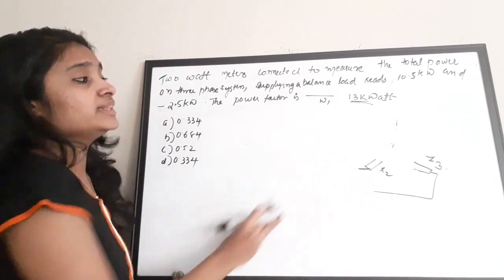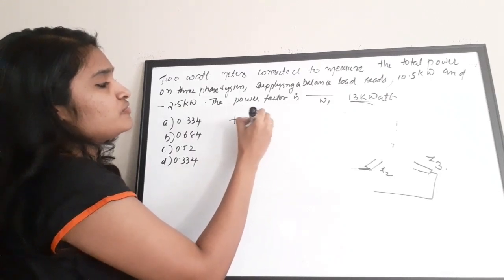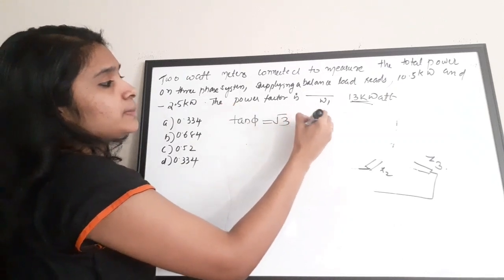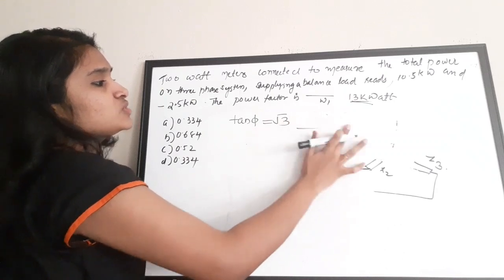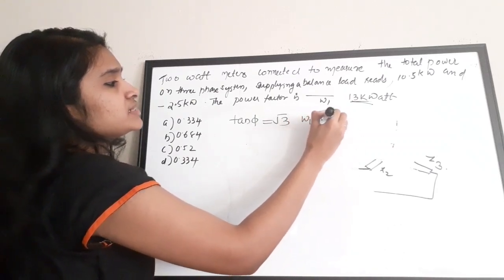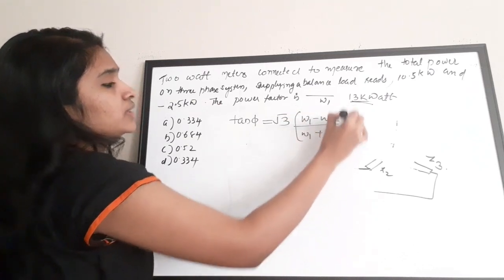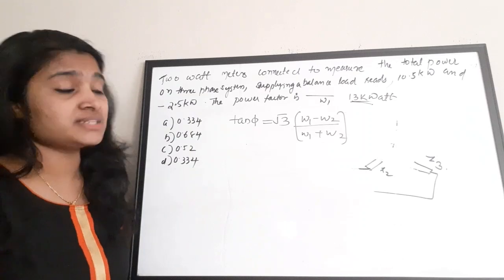See, for finding the power factor, the relationship is that tan phi is equal to root 3 into (W1 minus W2) by (W1 plus W2), where W1 is the reading of the first wattmeter and W2 is the reading of the second wattmeter.